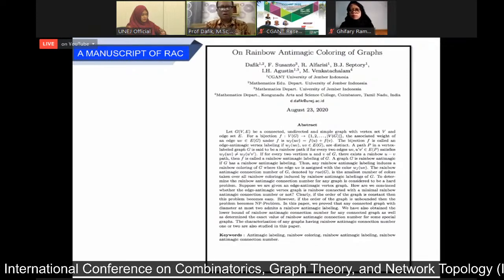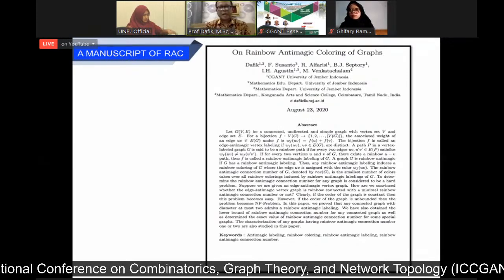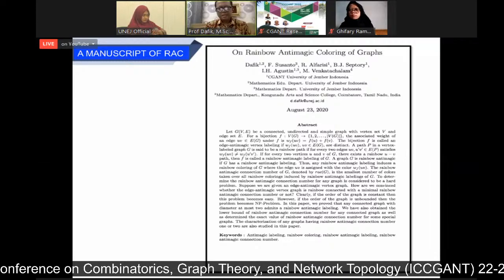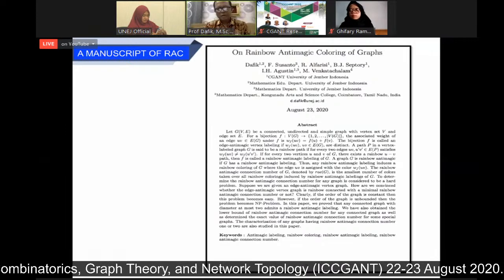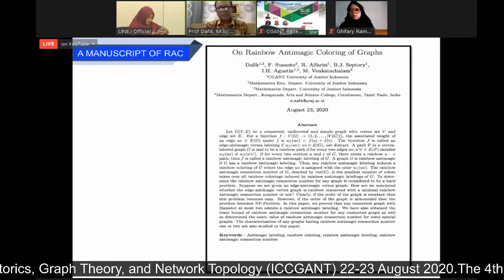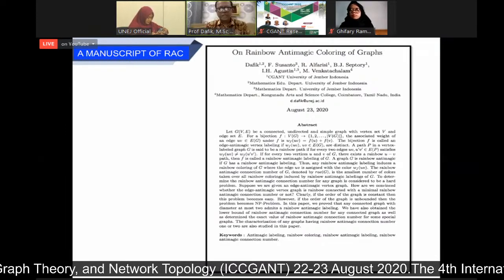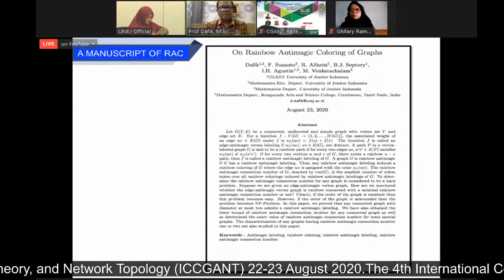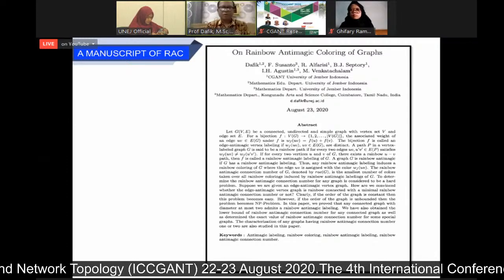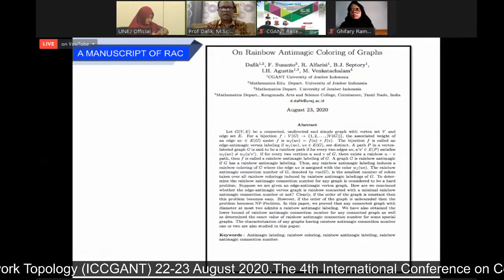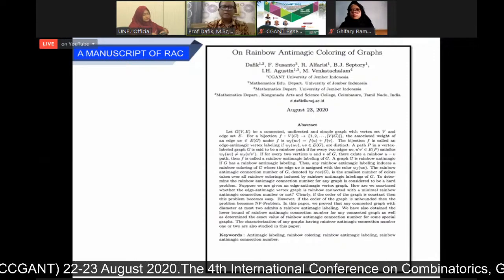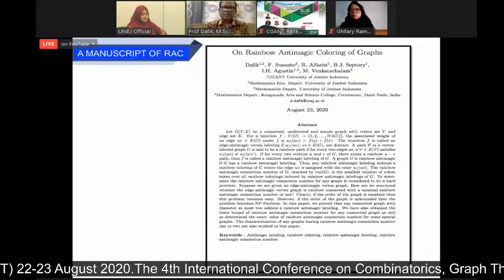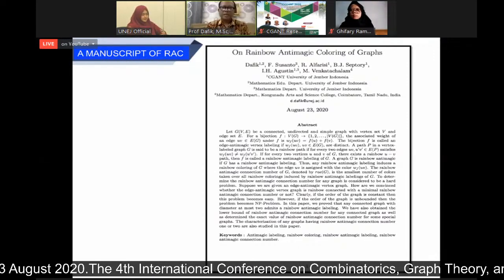We have our own rainbow anti-magic coloring of graphs. It is a new notion that we couldn't find any publication on before, although there are a lot of publications on anti-magic labeling and a lot of publications on rainbow coloring. But for rainbow anti-magic coloring, we have one PhD student working on it.